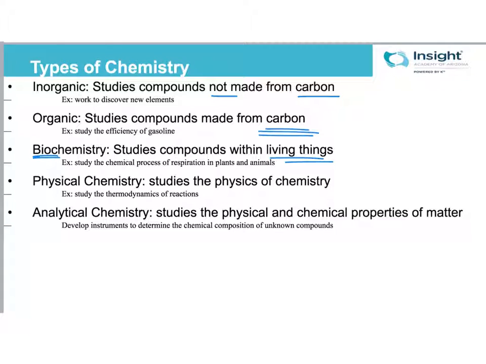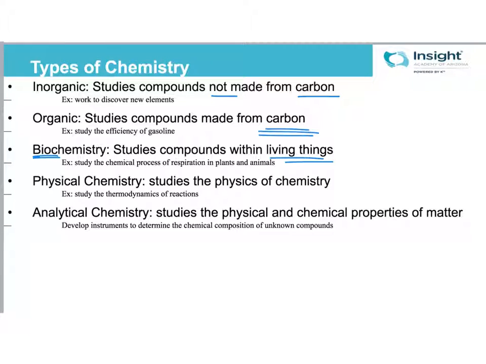So if you have to choose what type of chemist might study something and they're talking about cellular respiration, photosynthesis, any of the multitude of proteins and enzymes in the human body or any living thing's body, all of those would fall under the realm of biochemistry. Alright, so focusing on things that are tied to keeping animals, plants, living things alive, that falls under the realm of biochemistry.